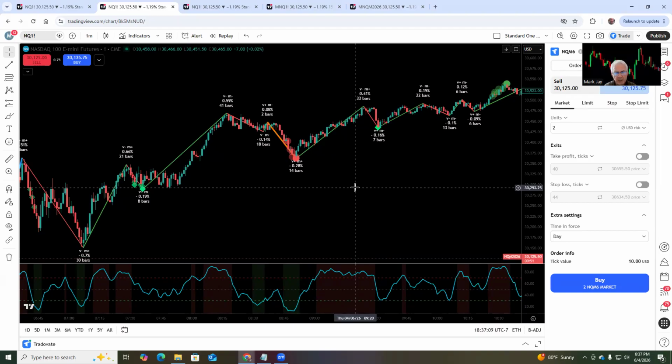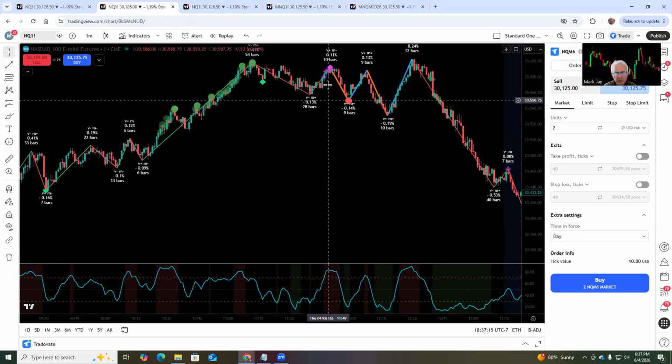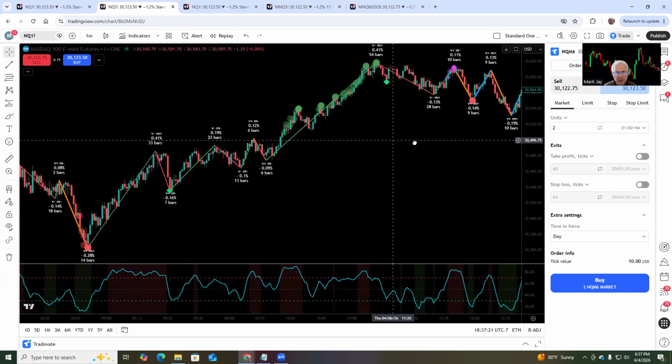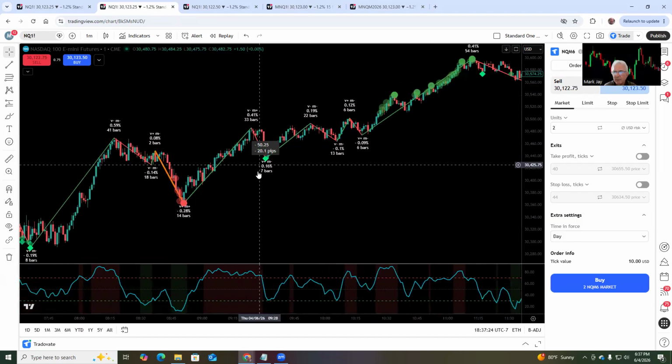Very accurate. You will not find anywhere else signals occurring at the very top of a turn, the very bottom of a turn. This type of technology is not available with moving averages.